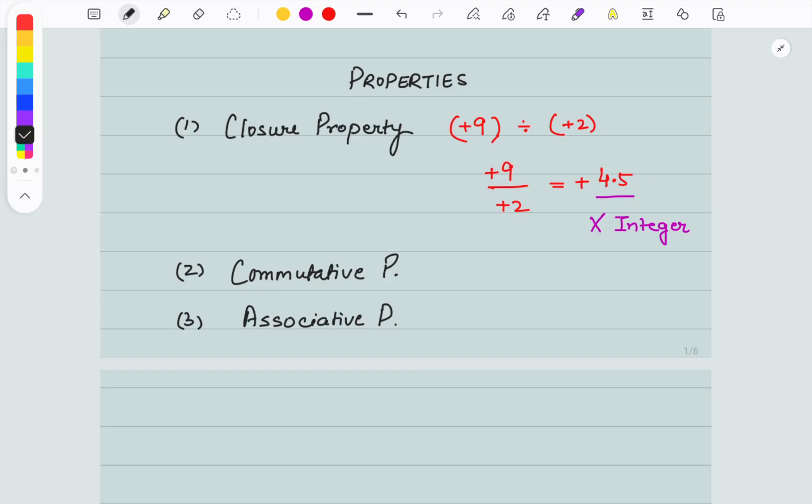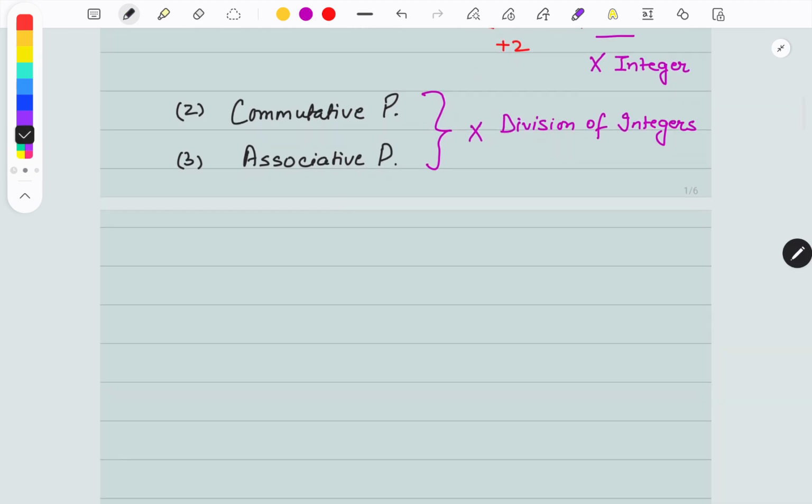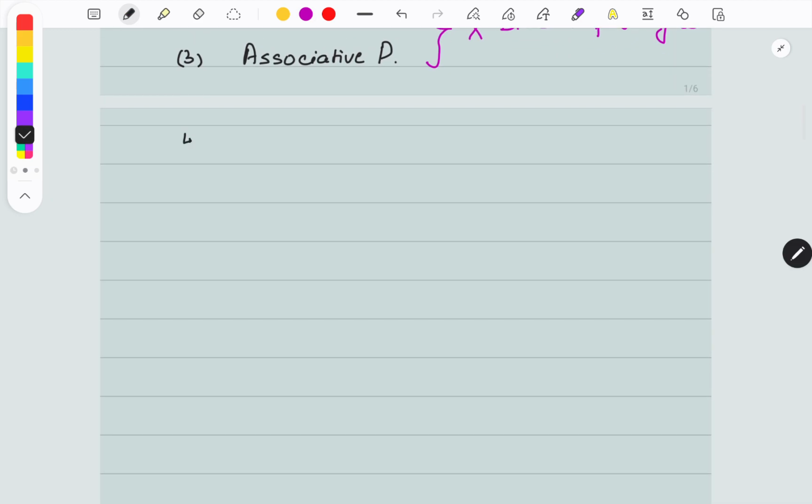So we can write here that these two properties are not true for division of integers. With this, we move on to the next property.